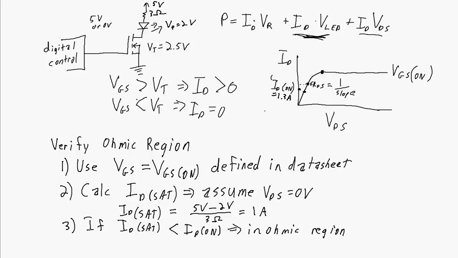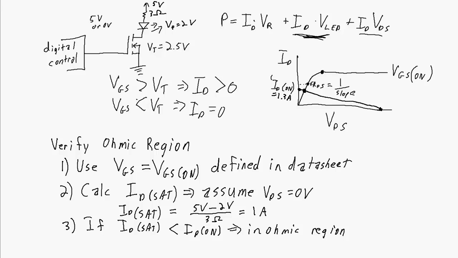So the reason that we know that we are in the ohmic region is because we can create the load line for the circuit, and the ID sat is one point on the load line, so it's right here where we've got about 1 amp. ID is 1 amp, VDS is 0. The other extreme is when VDS is equal to VDD, or 5 volts, so somewhere over here, say. And our load line would be just the straight line between these two, and the intersection of the load line with our VGS value shows that we are in the linear region.